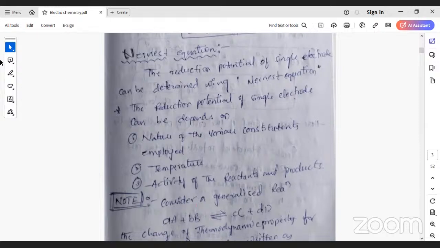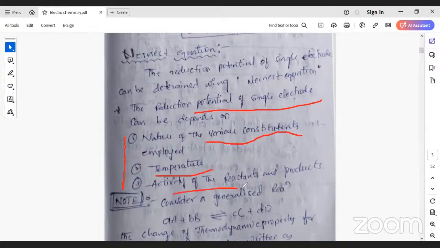Any reduction potential of a single electrode depends on three parameters. One is the nature of the various constituents employed, meaning what constituents we utilize to get the EMF of the cell. Then the temperature also will affect.